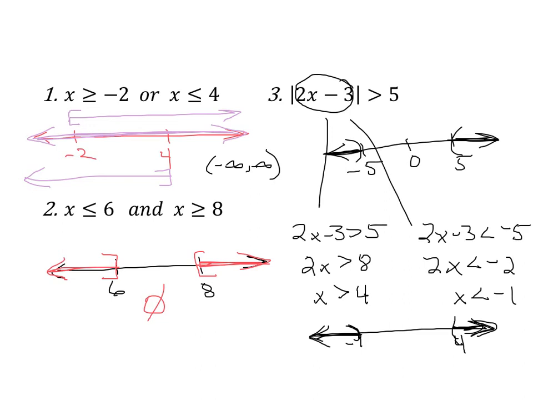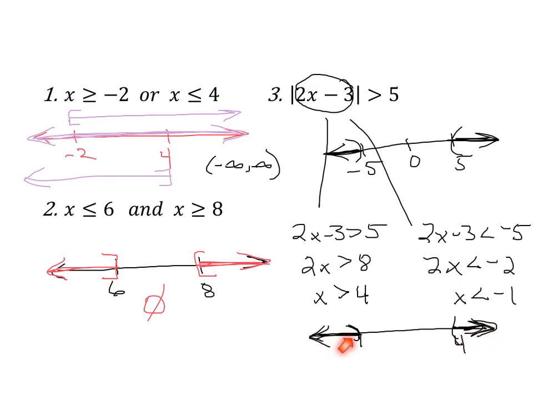Now, when you're talking about distances, what you're saying is that the solution set that makes this amount greater than 5 is going to be every place where x is less than negative 1, and also every place that x is greater than 4. So choose something greater than 4, like 5. 2 times 5 is 10. 10 minus 3 is 7. The absolute value of 7 is 7, and 7 is greater than 5. So you know that this area works.